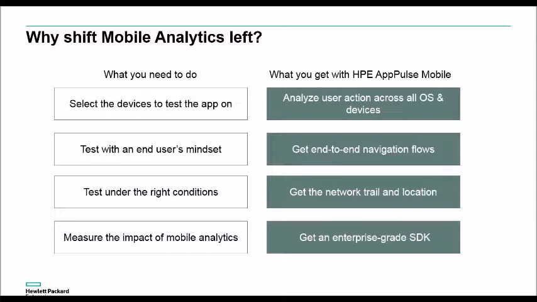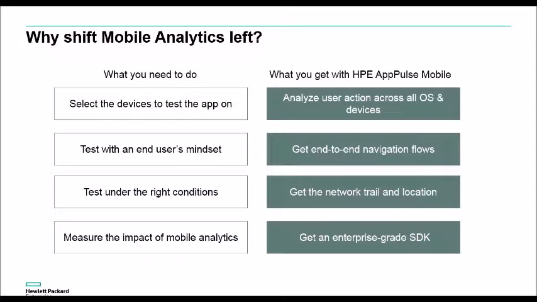So the point here is that you can refine the automated scripts according to how end users are really interacting with the app. And you're getting all of that from Apple's Mobile. But it's also a way of testing under the right conditions, under the right network, right? So Apple's Mobile actually allows you to get all the different network trails and locations. So again, you put a better persona-driven testing mindset in your practices.